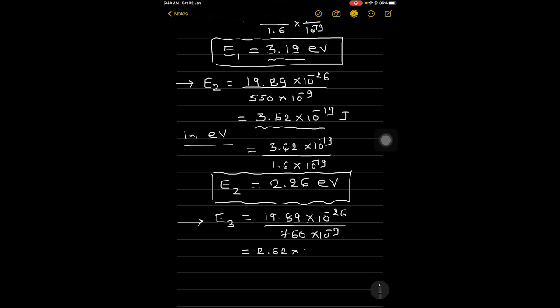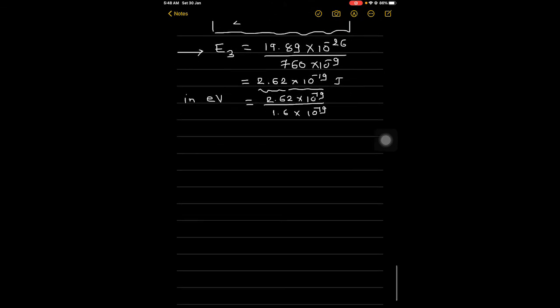And we have to convert to eV, so in eV it would be simply 2.62 into 10 raised to minus 19 divided by 1.6 into 10 raised to minus 19.